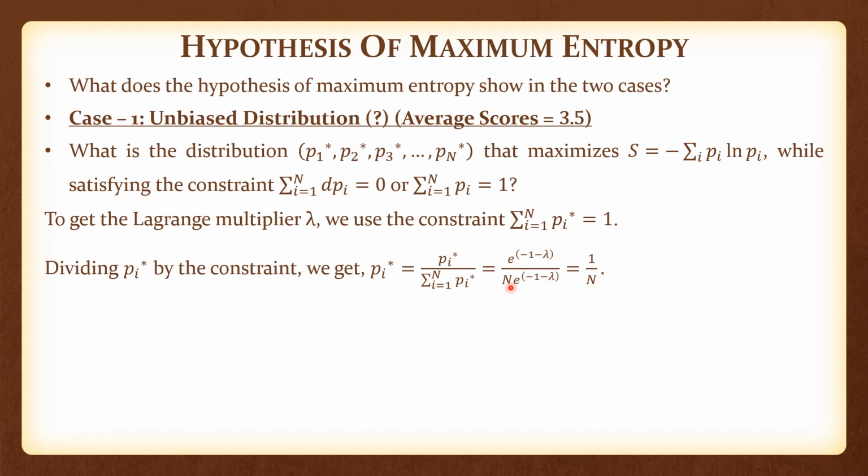The exponential terms get cancelled out, and so basically I find that pi star simply is 1 by n without even solving for the Lagrange multiplier lambda. Irrespective of what lambda is, I find that, one, all the microstates are equally likely, and two, that equal probability is simply 1 over the number of all the microstates.